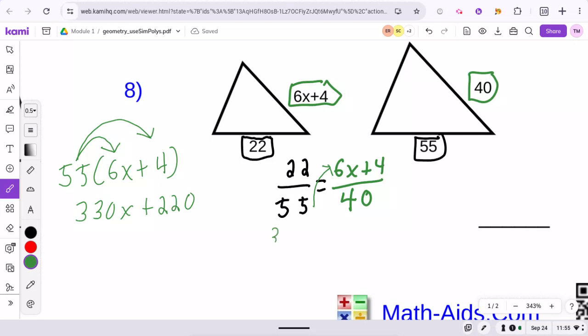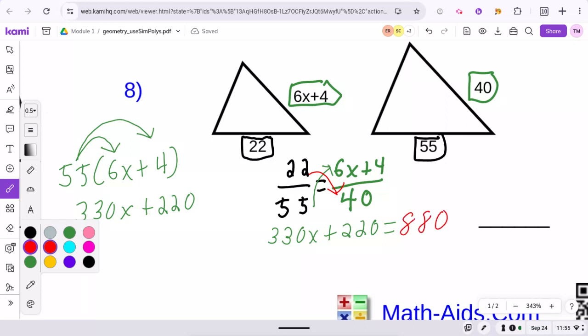So on the left side, I'm going to have 330x plus 220 equaling, on the right side, 22 times 40. 22 times 40, I get 880.